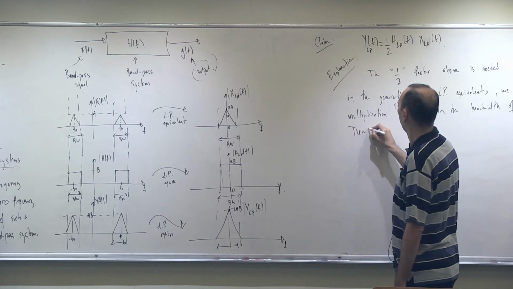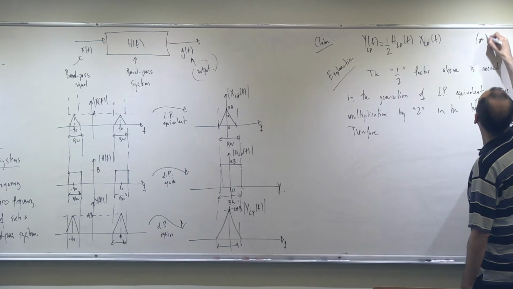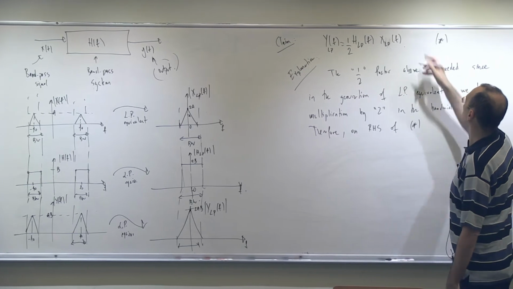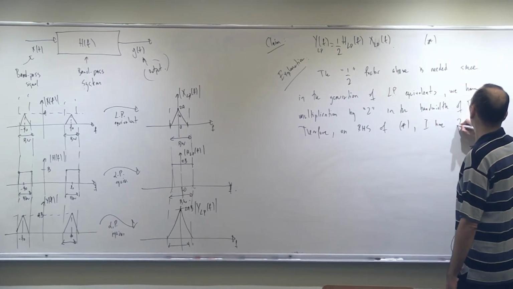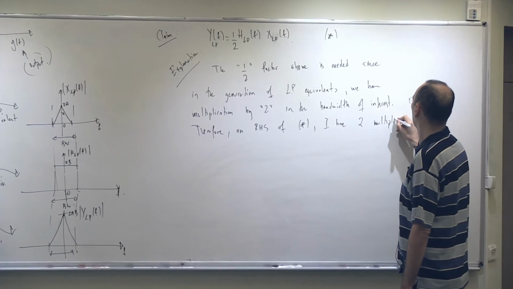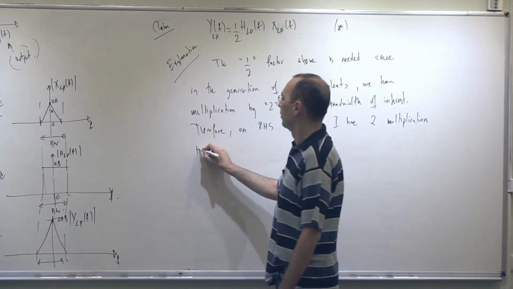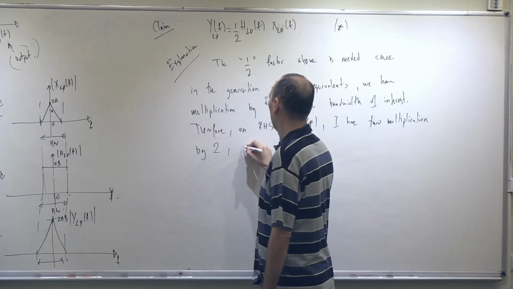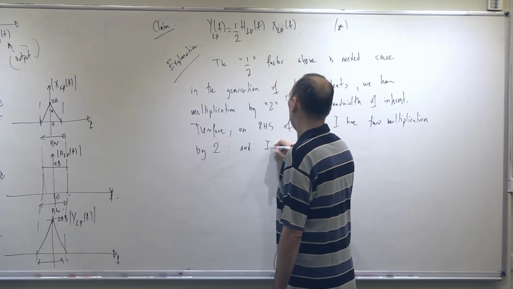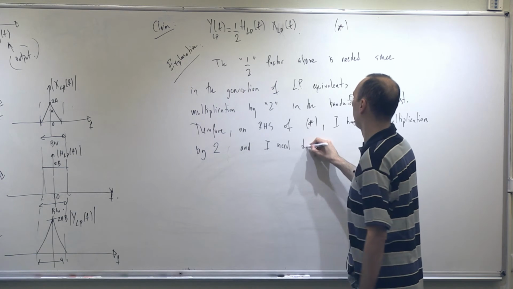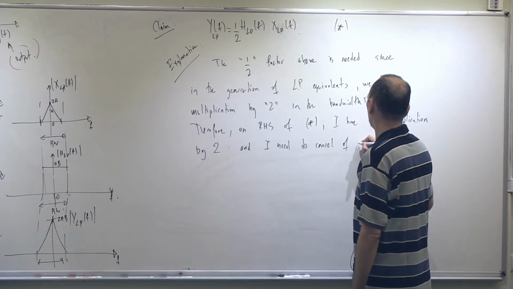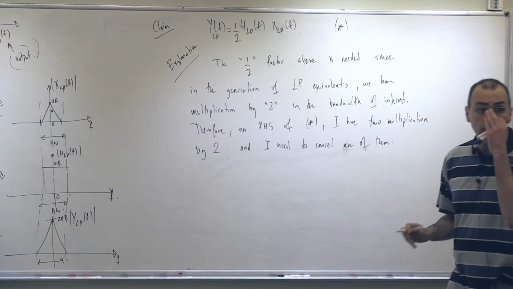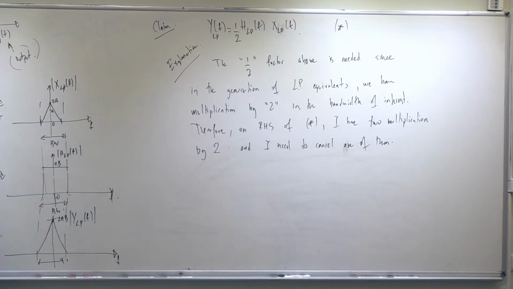Therefore, let me write this. On the right hand side of this equation star, I have 2 multiplications by 2, and I need to cancel one of them with 1 over 2. One of them. But I think it's very clear from this explanation. Okay, this is what we do.